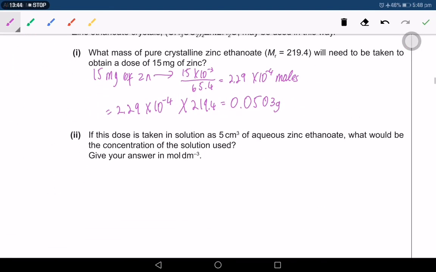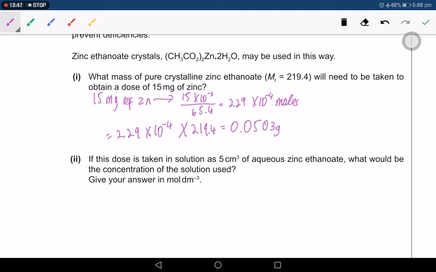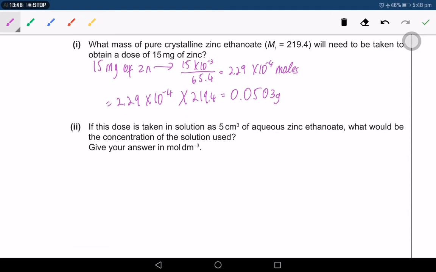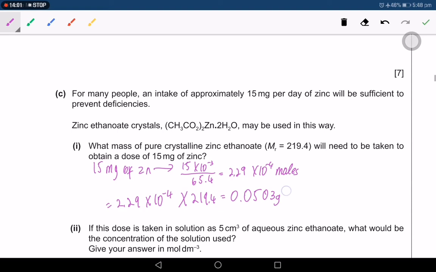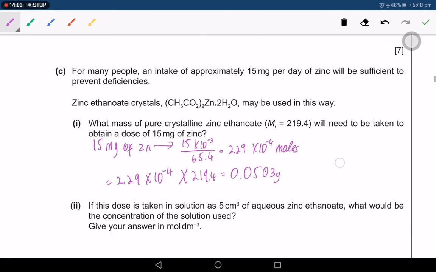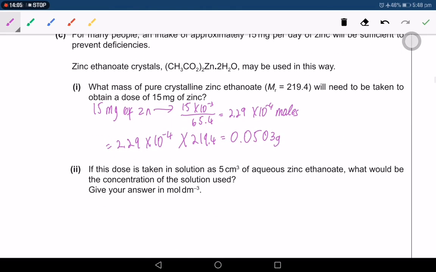If the dose is taken as 5 centimeter cube of aqueous solution, so what I said was just shown here. They can make a syrup out of it and just give it to you. If this dose is taken in solution as 5 centimeter cube of aqueous zinc ethanoate, what would be the concentration of the solution used?